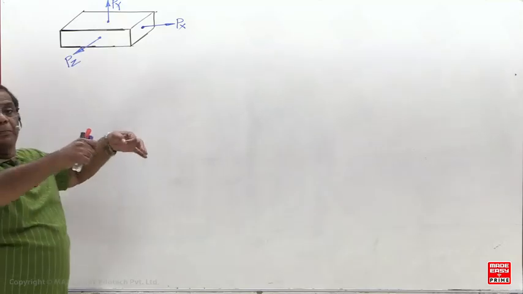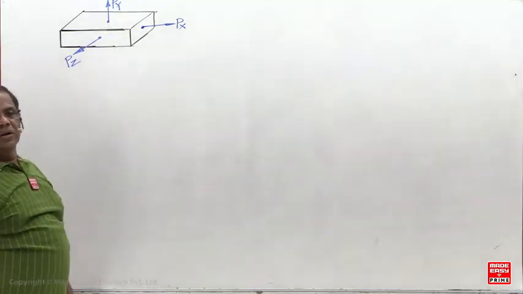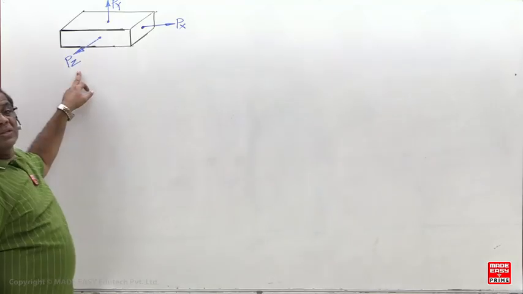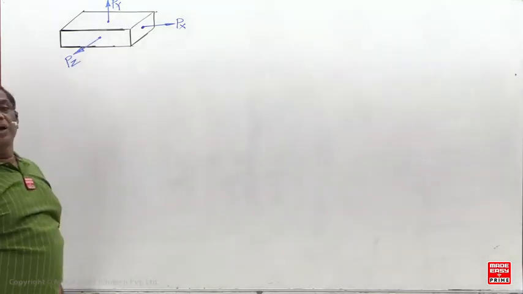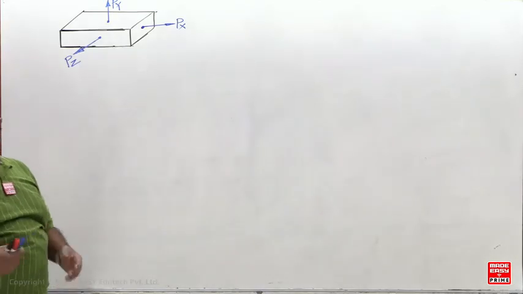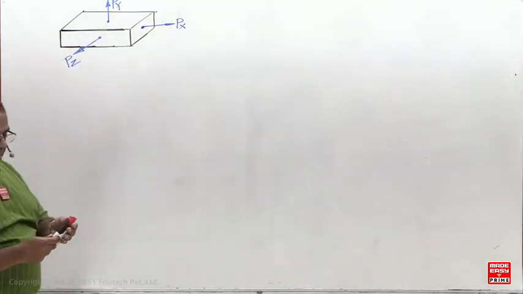Next, assume only Pz is acting alone. Then Ez is equal to sigma z upon longitudinal strain in z direction. In the triaxial state of stress, what are you going to get? Stress develops in the three directions.